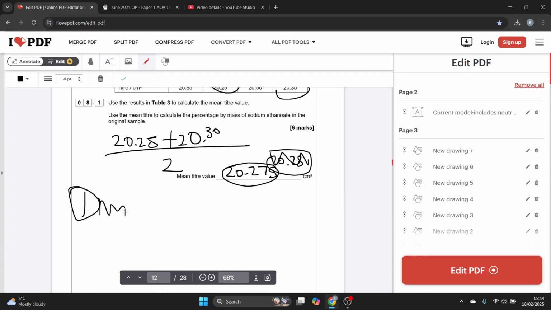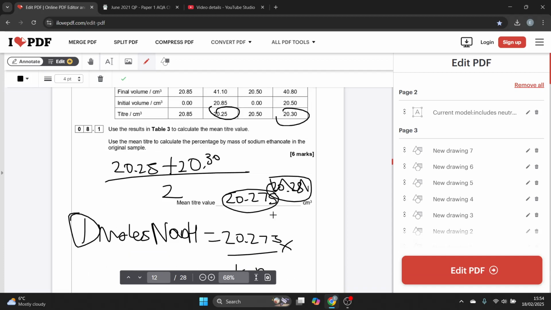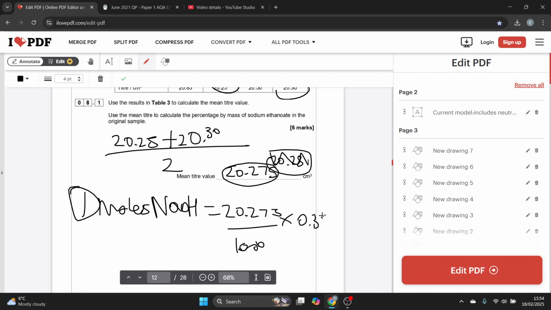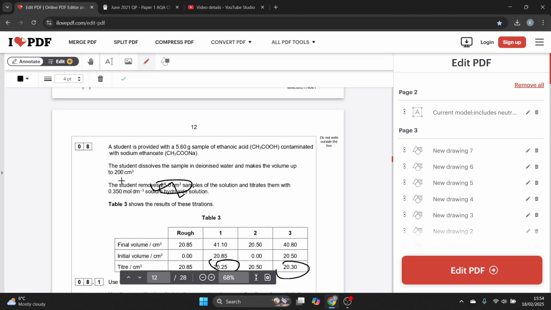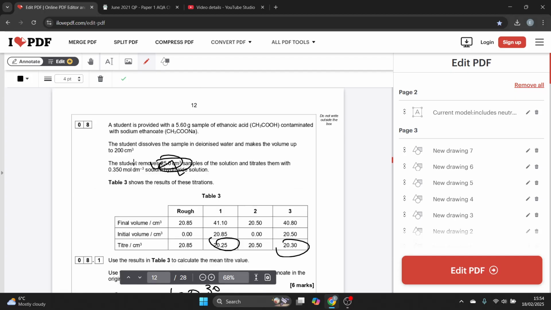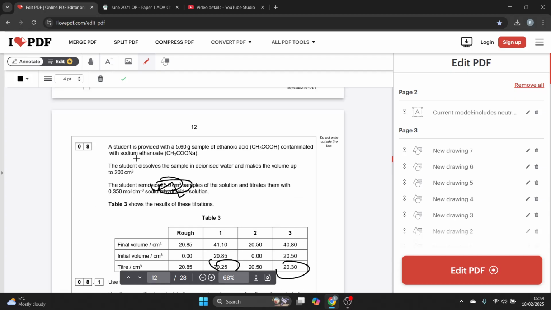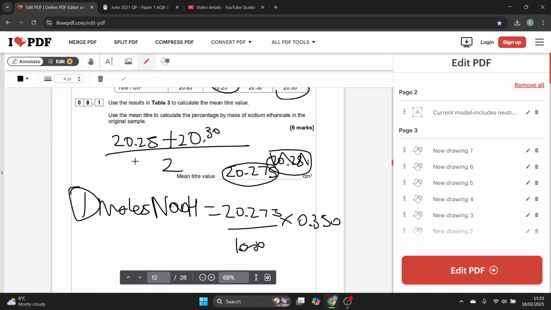So the moles of sodium hydroxide is 20.275 divided by 1000 times 0.350, and that is the moles in 25 centimetres cubed. Then I need to times it by 200 divided by 25, so I need to times it by 8. So 20.275 divided by 1000 times 0.350 times 8.